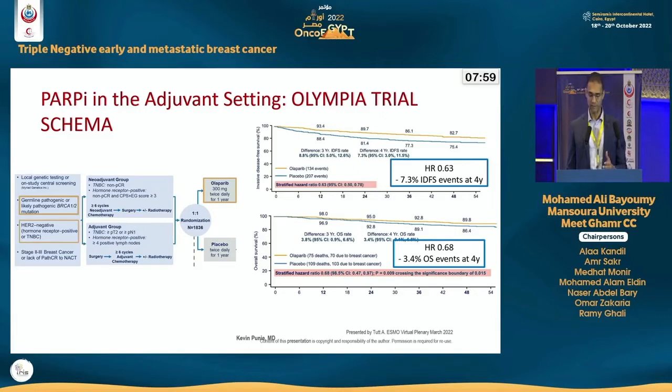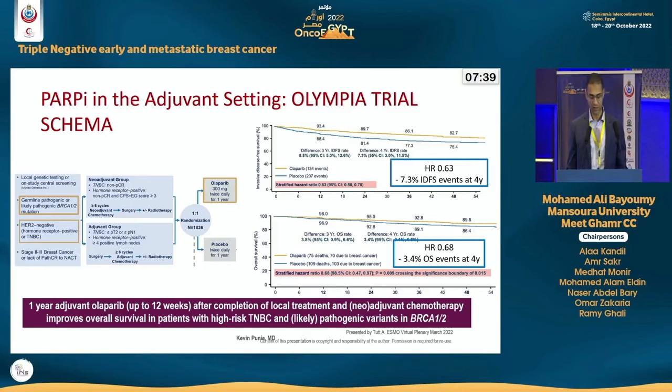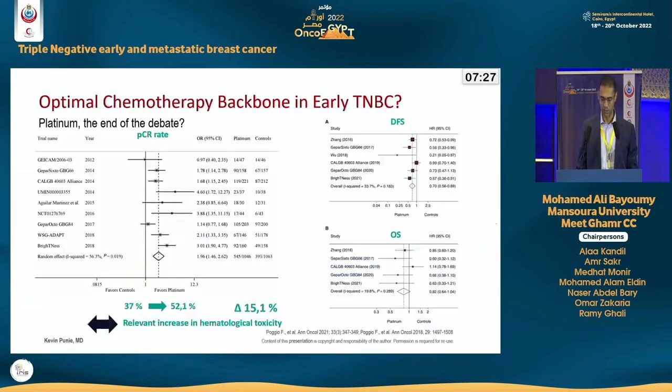You can find the improvement in the hazard ratio regarding IDFS, invasive disease-free survival, and overall survival, with a hazard ratio of 0.63, which means about a 37% reduction in the risk of progression and reduction in the risk of death. So 1 year of adjuvant olaparib after completion of the local therapy, whether neoadjuvant or adjuvant, and surgery, can improve the survival of your patients in case of germline BRCA1 or BRCA2 mutation.